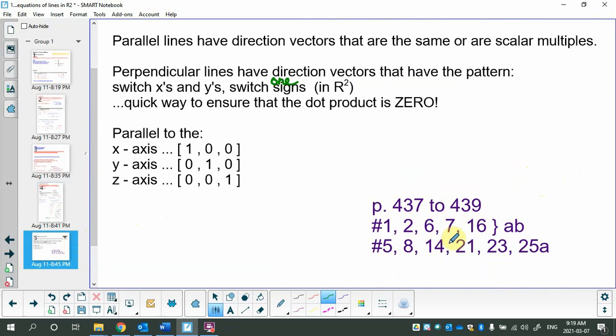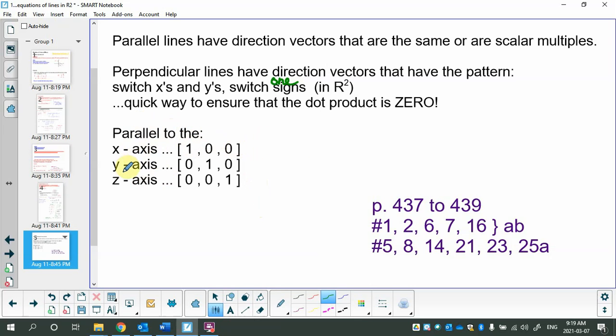In this set of homework, you might run into this stuff. I realize this is 3 space. Give me a sec to adjust. So parallel to the x-axis means a direction vector of 1, 0, 0.